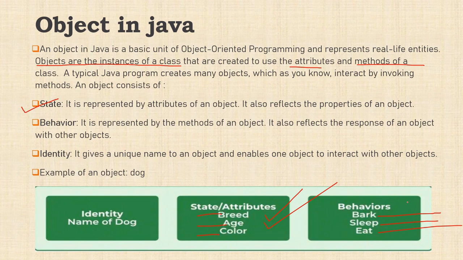That means all the behaviors of a dog. And identity is the name of the dog. When creating the object of a class, if you are getting the object of the dog class and making Tommy an instance, Tommy an object, then Tommy will be the identity of that object.